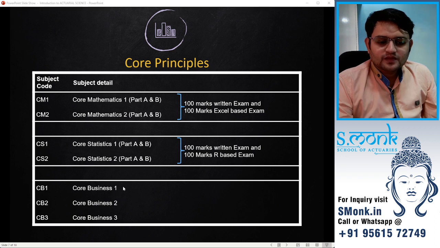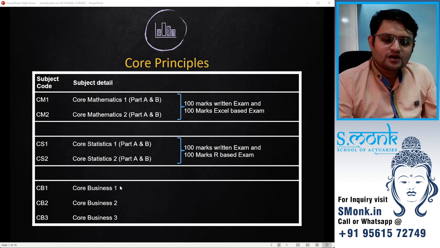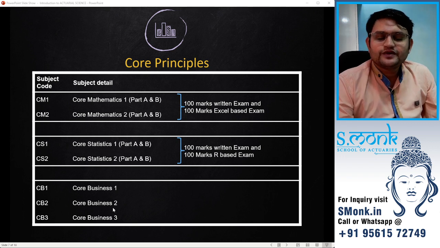Even this CB1 accounting, if you are from a financial background and you are studying accounts in your first year, second year, you will most likely be able to understand 90% of the course yourself. In CB2 economics, if you have studied 11th and 12th economics, then 70% of the course is exactly the same.